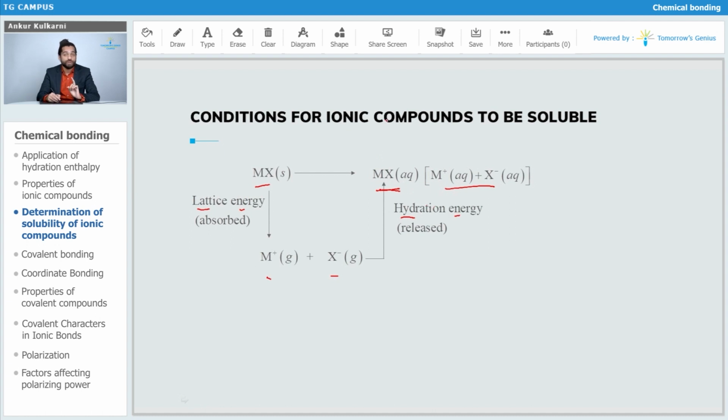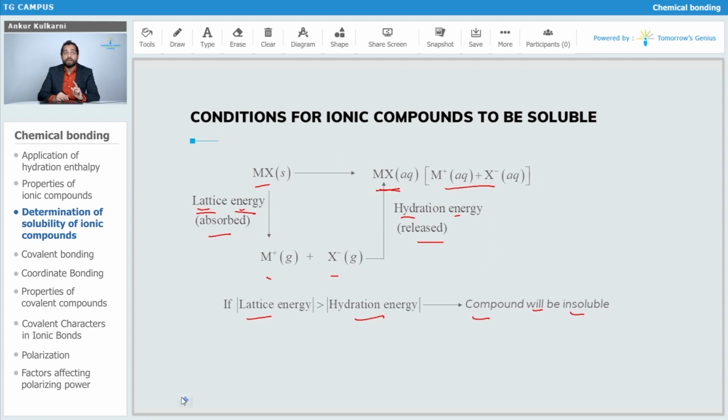So to understand solubility, there are two factors: lattice energy and hydration energy. These two are important. Now let's see what the relationship between them is and how it is responsible for solubility. Remember this: if the lattice energy of any compound is greater than the hydration energy, that means the lattice energy which is absorbed is greater than the hydration energy, and at that point your compound will be insoluble.